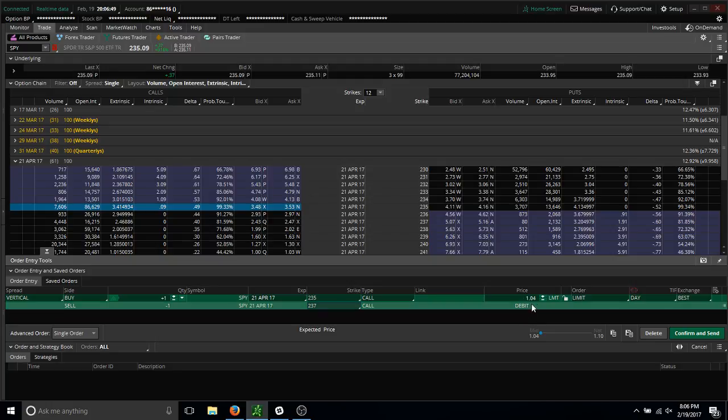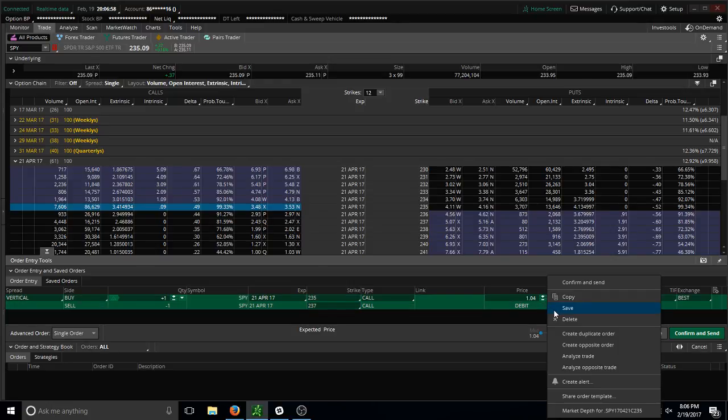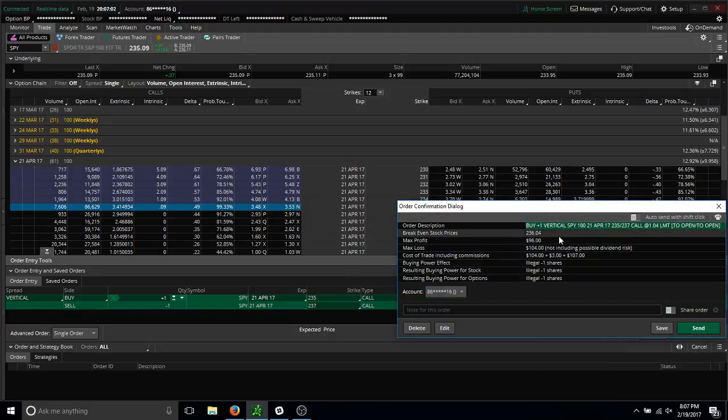And here, this is where it's a little bit better representation. So I have a $2 wide spread, $1-ish to enter, and then you confirm and send, and it'll show you here max profit 96, max loss 104. So that's a little bit more what we're looking for, 1-to-1 odds.